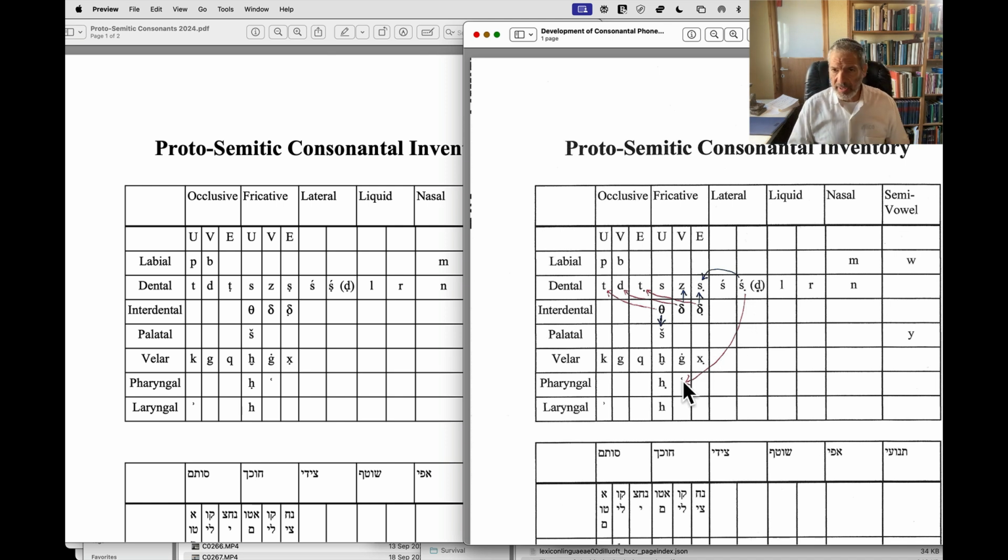Now that is going to really help us in learning vocabulary in biblical Aramaic. So, for example, thalath means three in Arabic, and shalosh in Hebrew, right? Because tha merges with sha.